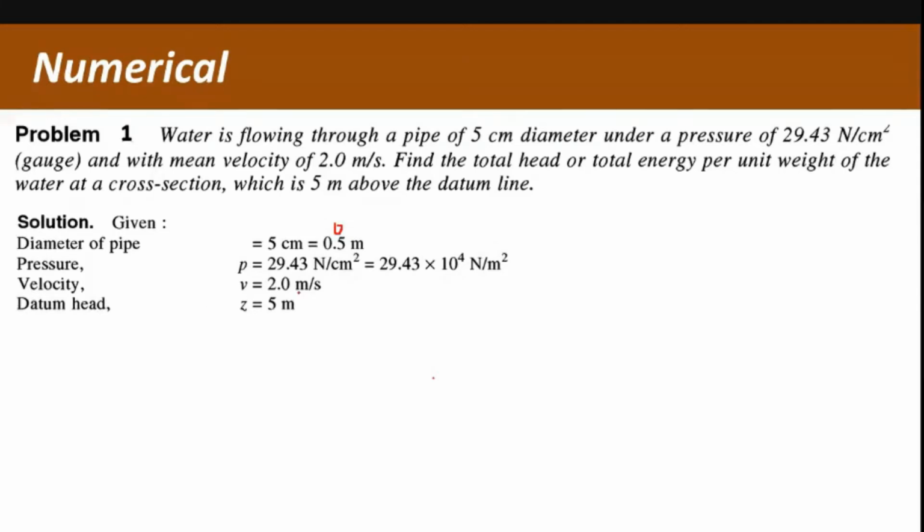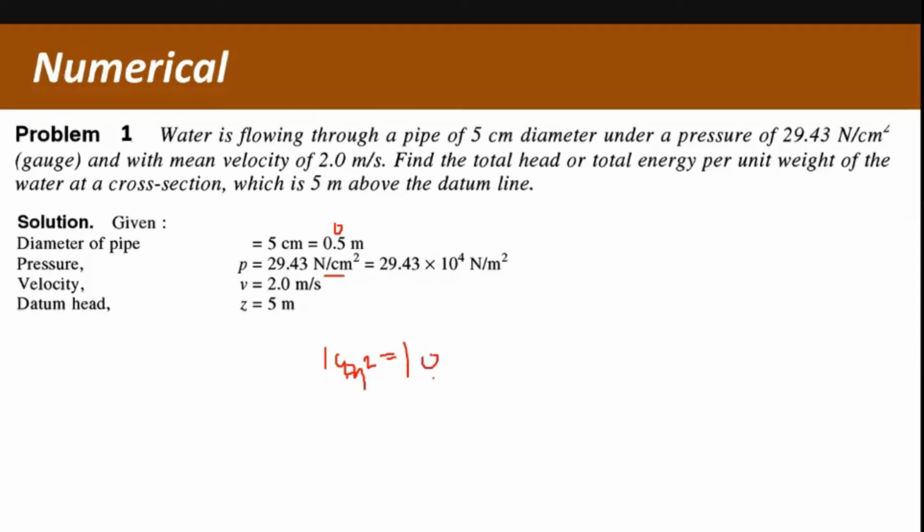Pressure is 29.43 Newton per centimeter square. So convert this Newton per centimeter square into Newton per meter square. Remember, 1 centimeter square is 10 to the power minus 4 meter square.